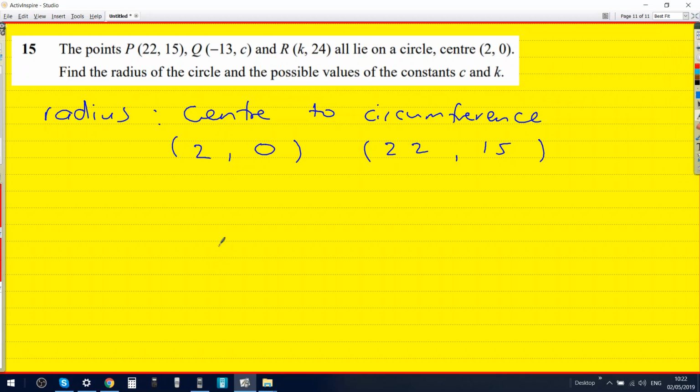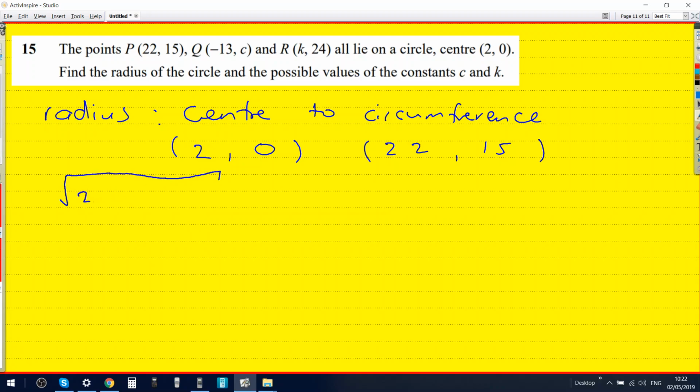And so you find the radius from that. So radius. Is it 20? Mm-hmm. 15. Yeah.